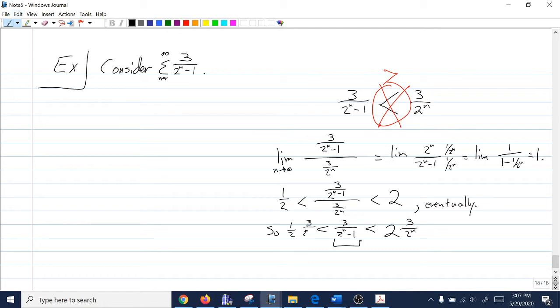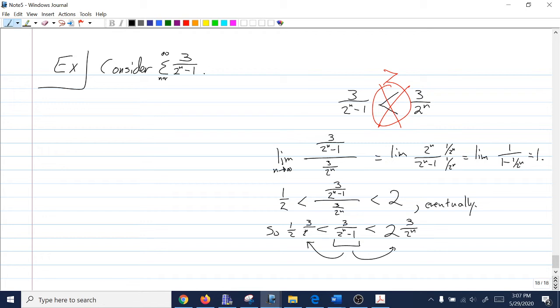So I've got 3 over 2 to the n minus 1 is bigger than something that maybe converges or diverges, and it's less than something that maybe converges or diverges. Which means, since I have it both directions, if that other function converges, I'm less than it, so I must converge. If that other function diverges, I'm also bigger than it, so I must diverge also.